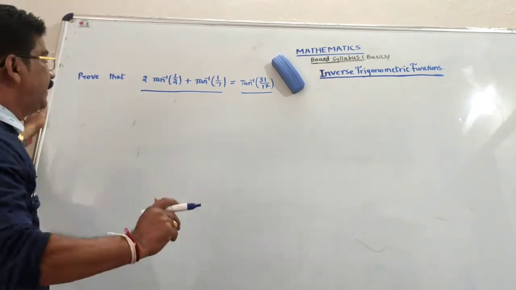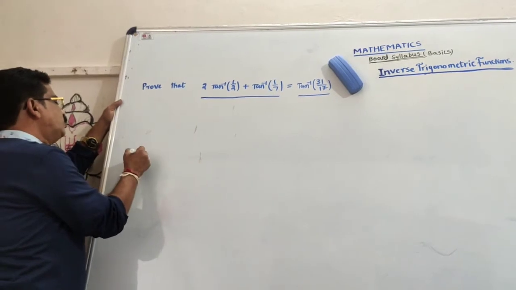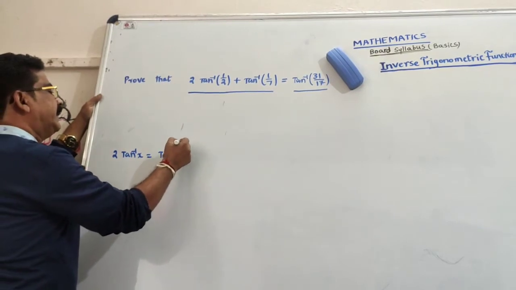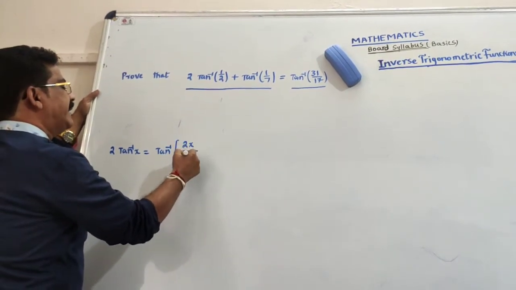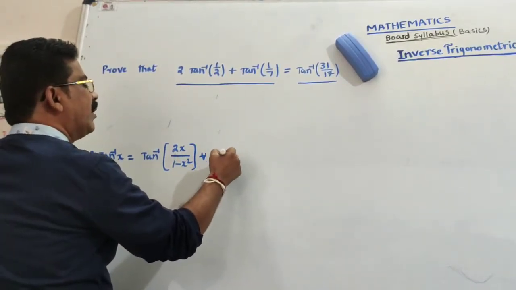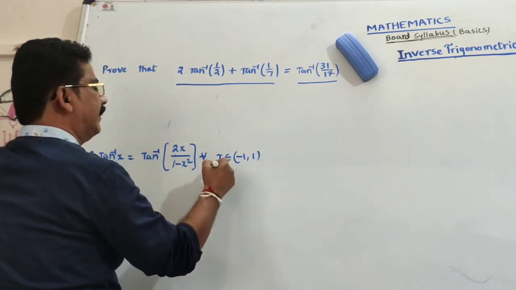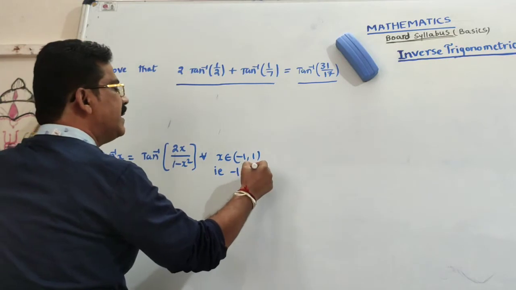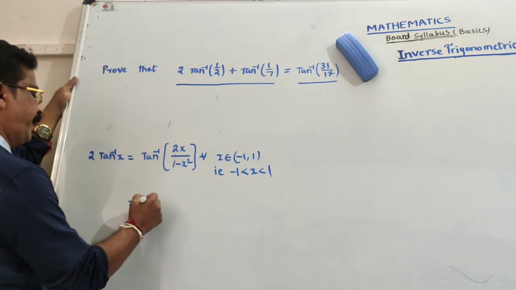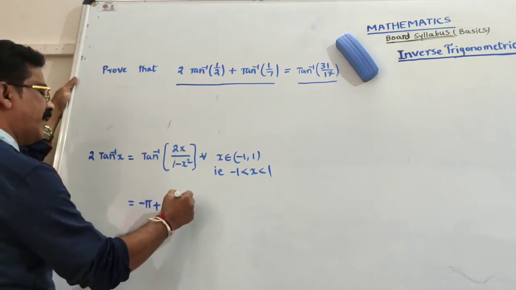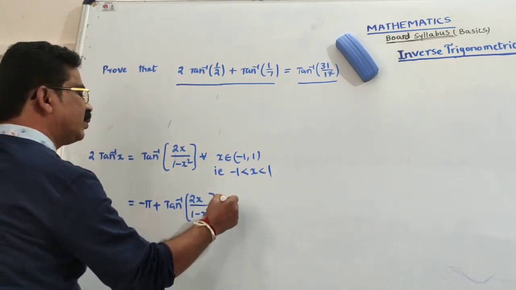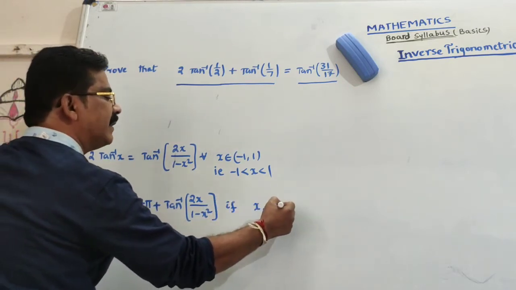Here we have one different formula. 2 tan inverse x is equal to tan inverse of 2x divided by 1 minus x square for all x belonging to the open interval of minus 1 comma 1, that is minus 1 less than x less than 1, and that is equal to minus pi plus tan inverse of 2x divided by 1 minus x square if x is less than minus 1.